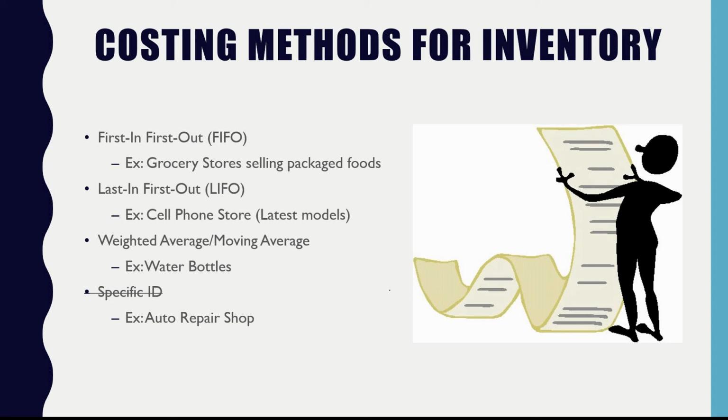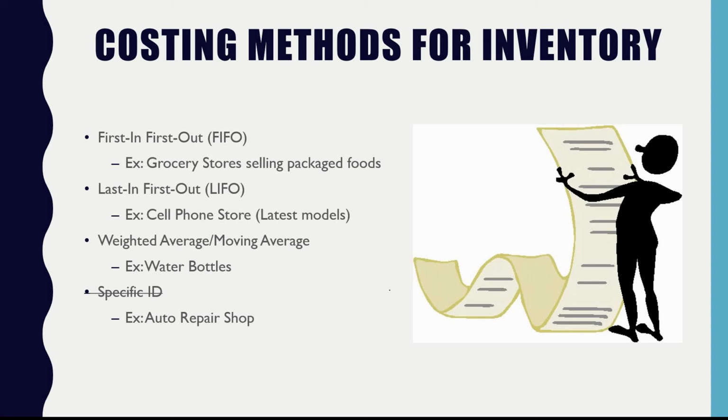But in this case, we will not be learning specific ID. However, I explained what a specific ID was and the idea of how you would use it. So for this class, I want you to know that specific ID is one of the costing methods that exist for dealing with inventory. However, we're not going to learn it in this class.